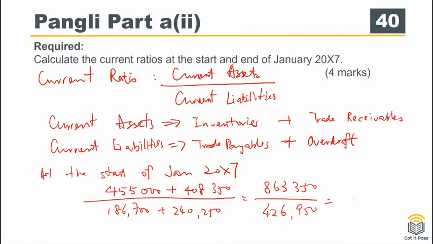So the ratio is 2.02 times for the start of January 2007.